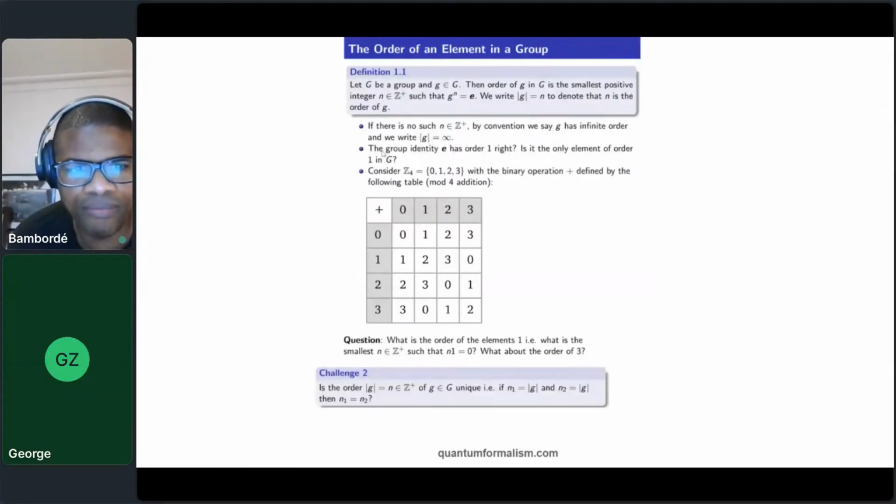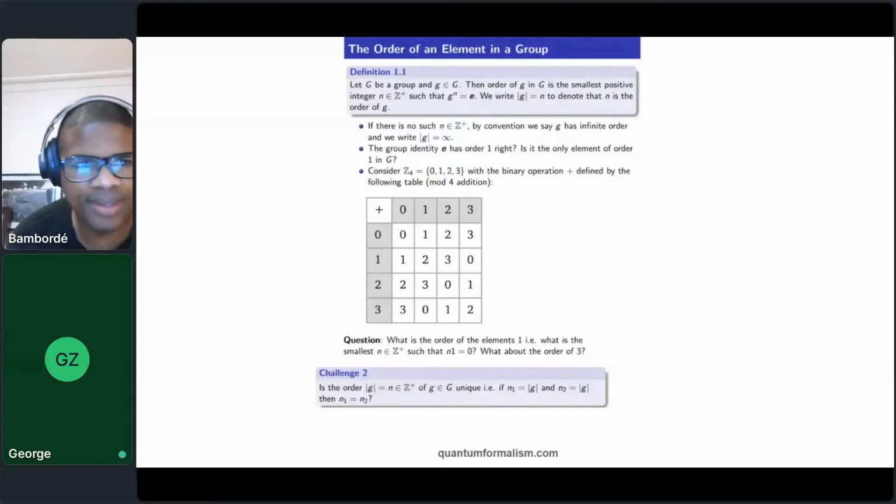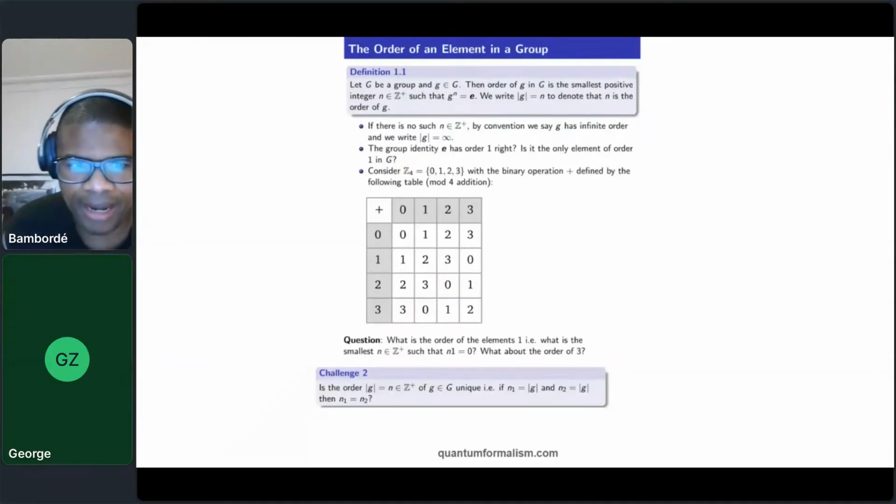Now, do you all agree that the group identity E has order 1, right? Actually, that's a bit ambiguous. The identity also has order 0. Remember, n has to be positive.